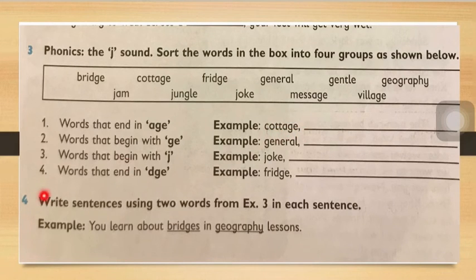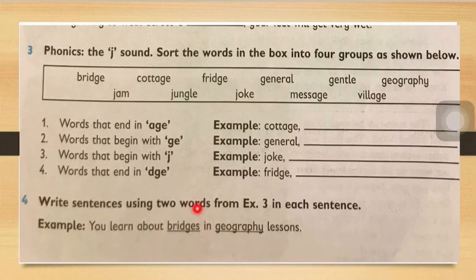Now, children, what is question number 4? You have to write sentences in your notebook and you have to use 2 words from exercise 3 in each sentence. In each sentence, this means that in one sentence you have to use 2 words from exercise 3. An example has already been given for you. You learn about bridges in geography lessons.